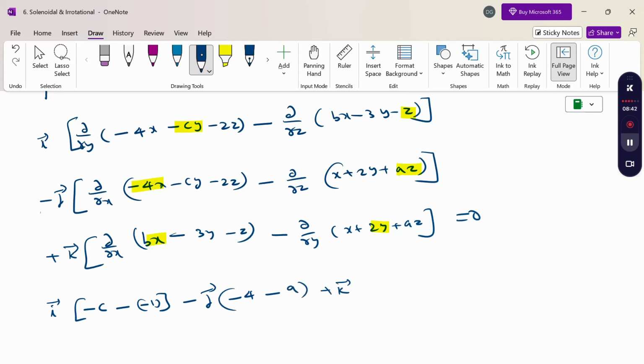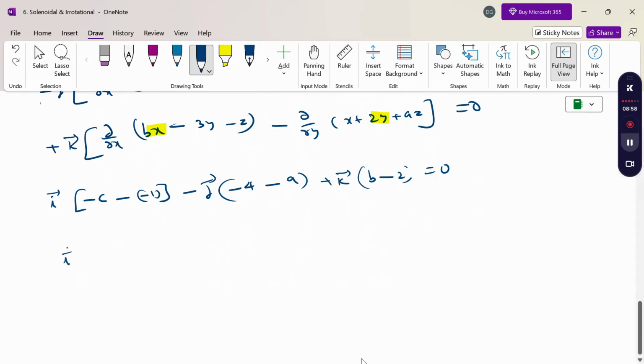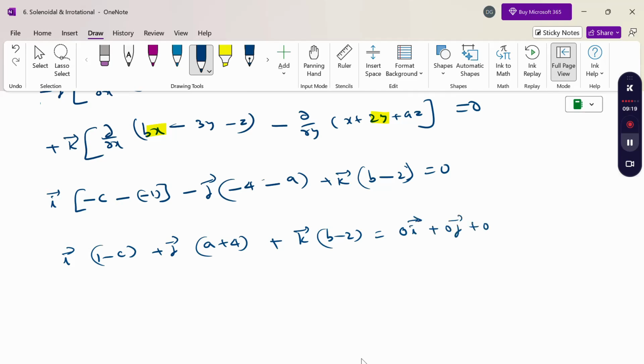Plus k vector: b, then minus 2, equal to 0. So the value is i vector (1 minus c), plus j vector (a plus 4) when multiplying the minus inside the bracket, plus k vector (b minus 2), equal to the right hand side 0 i vector, 0 j vector, 0 k vector.